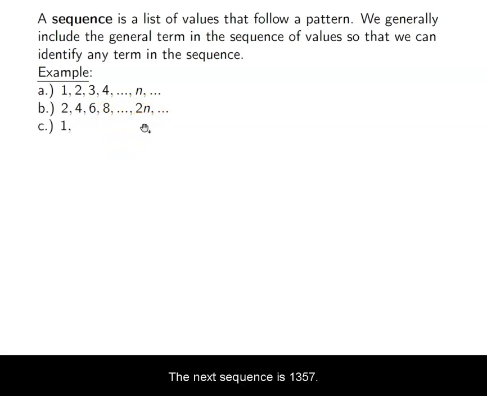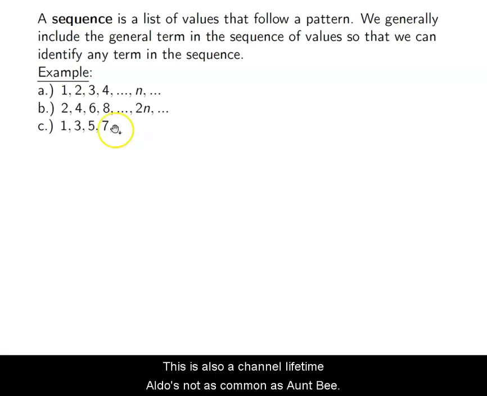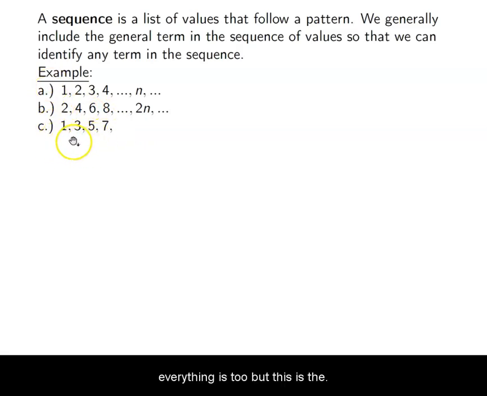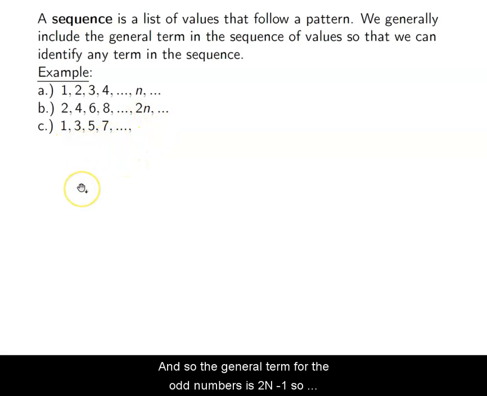The next sequence is 1, 3, 5, 7. This is also a generalized term, although it's not as common as the previous ones. So here we can see that the difference between everything is 2, but this is the odd numbers. Okay, and so the general term for the odd numbers is 2n minus 1.